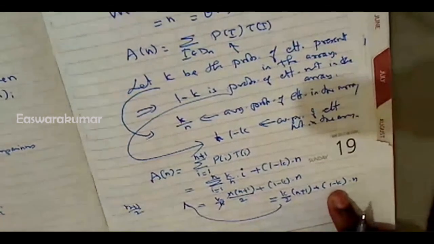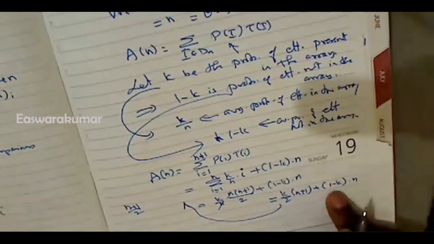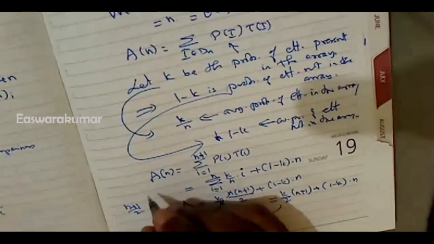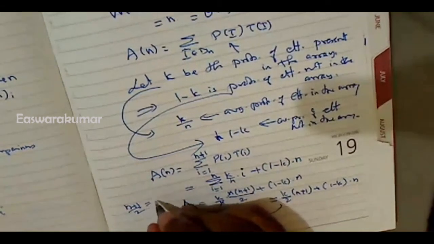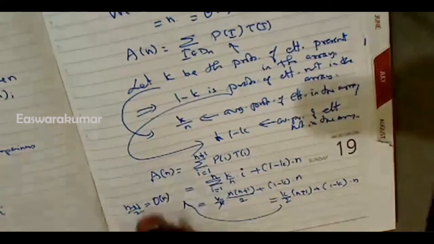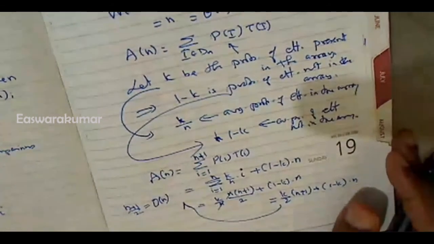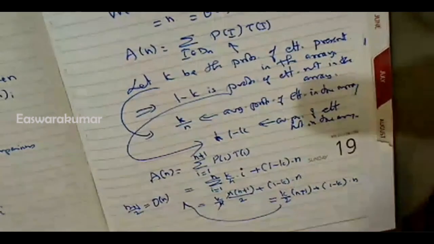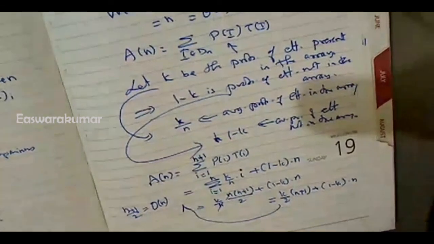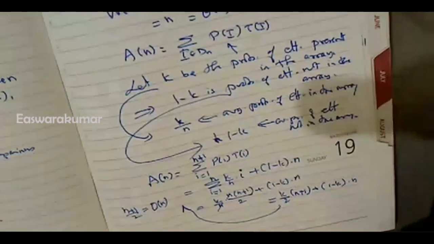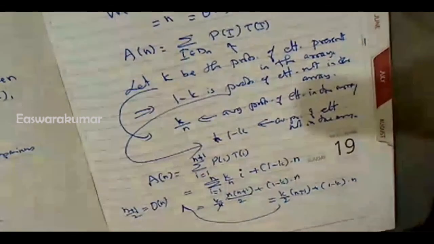And here if you put k equal to 1, this term goes away, 1 minus 1 is 0. Asymptotically this is order of n, because constants we won't take. So when the element is surely in the array, the average case is order of n.